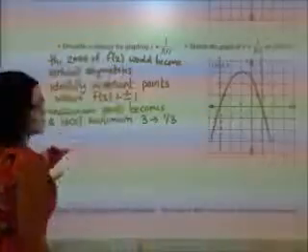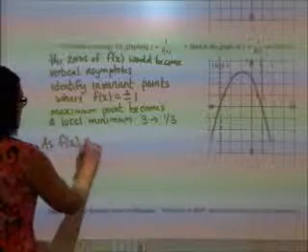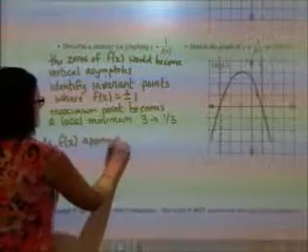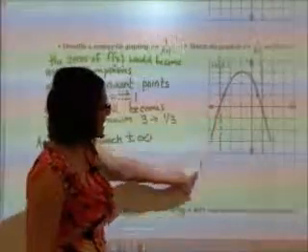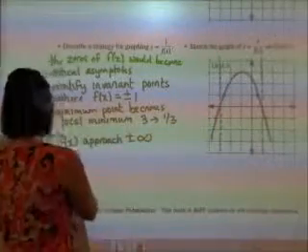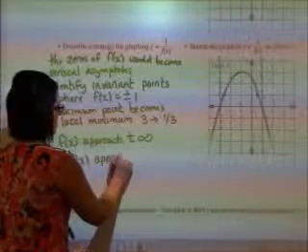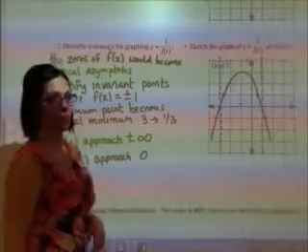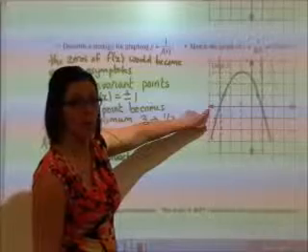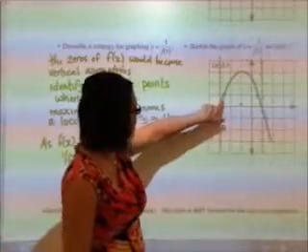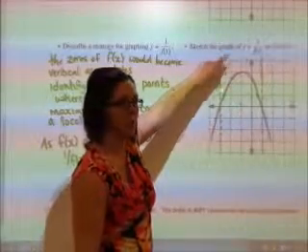And the other thing to remember is as f of x approaches positive or negative infinity, as the value of f of x gets larger and larger, the reciprocal approaches 0. So as this value gets larger and larger, the reciprocal gets smaller and smaller. Or as the value gets smaller and smaller, the reciprocal becomes larger and larger.